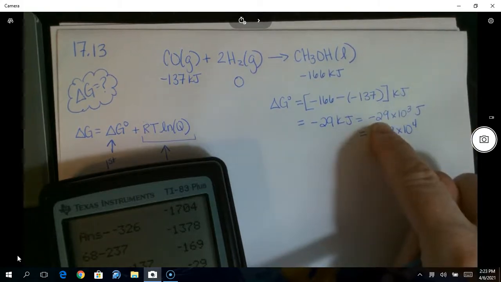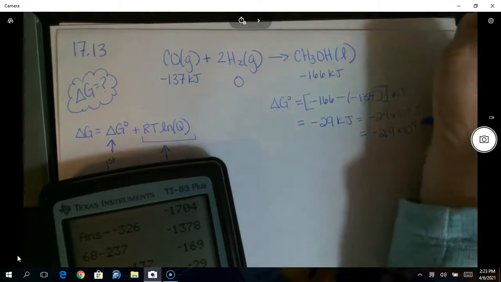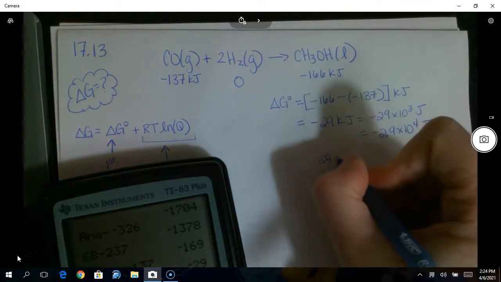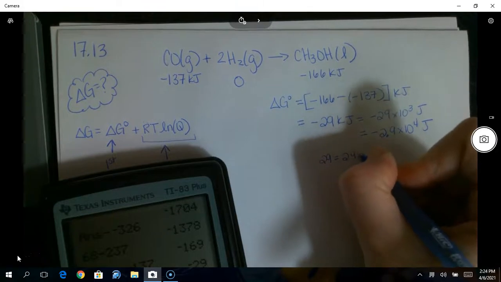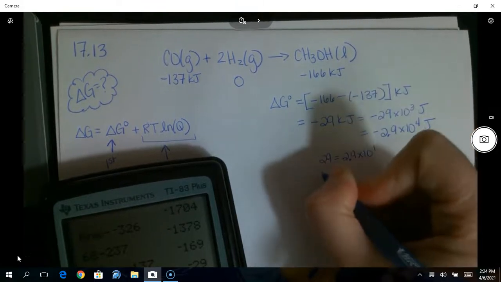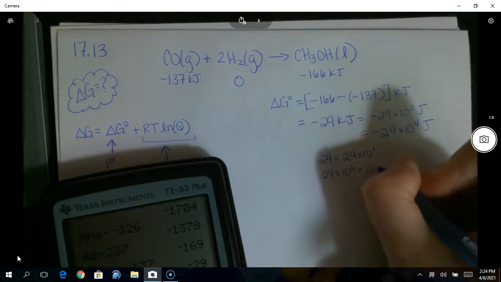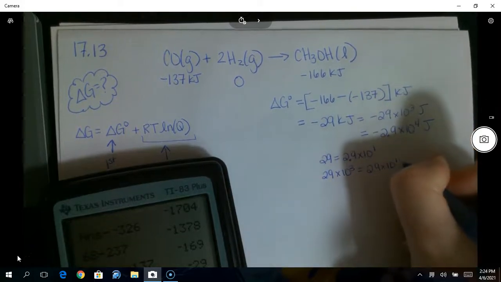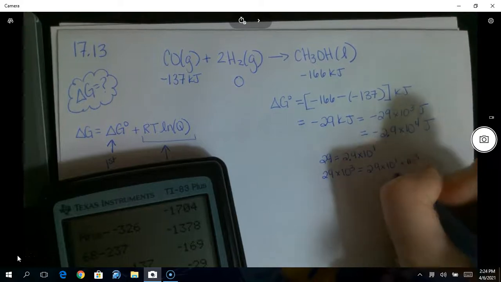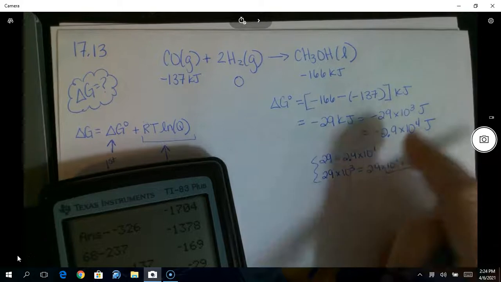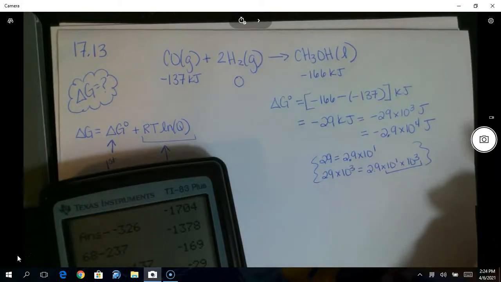I can explain that a little bit better. 29 equals 2.9 times 10 to the first. So if I have 29 times 10 to the third, that's the same thing as 2.9 times 10 to the first times 10 to the third, and we add these up. This is just a little side note if you weren't able to quickly convert that.